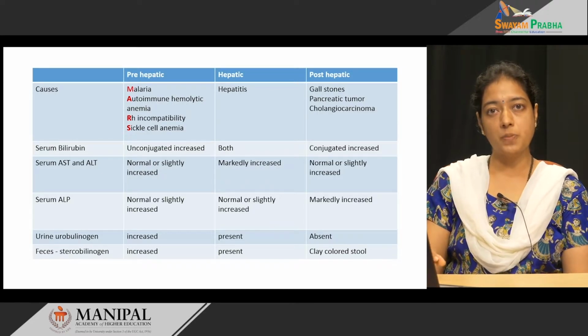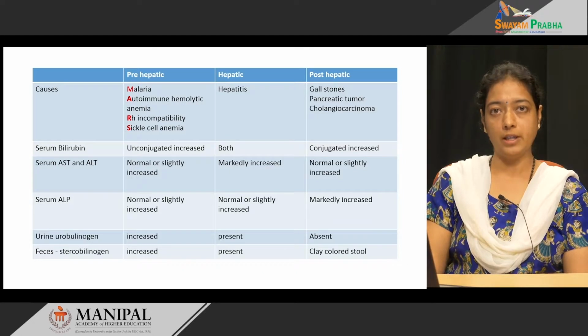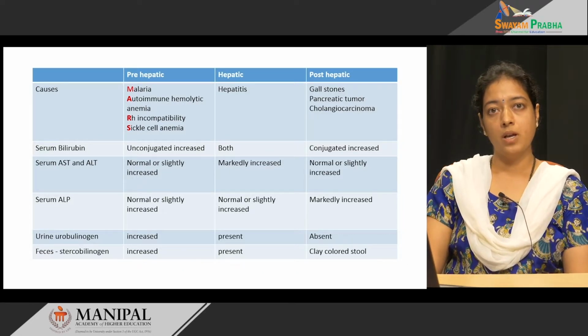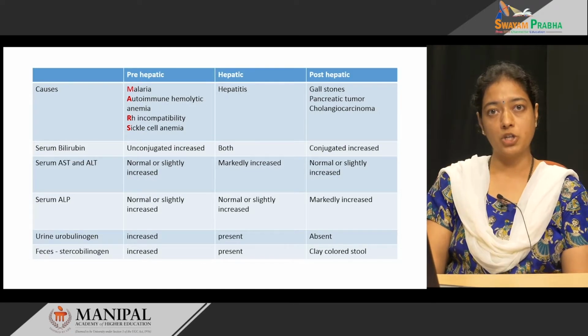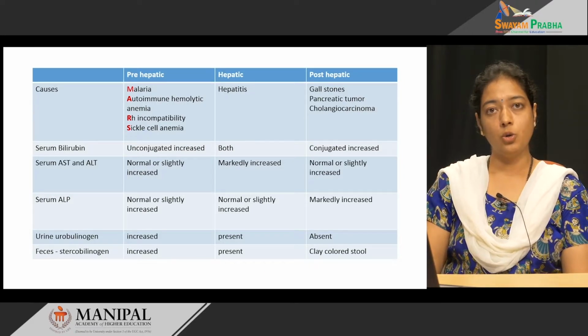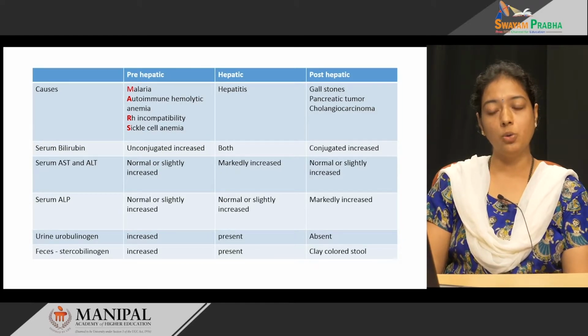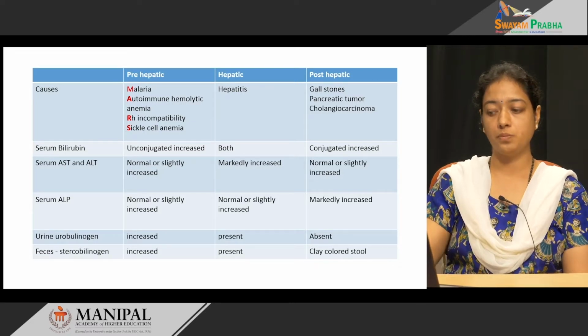The enzyme which is present in the biliary canaliculi, that is ALP, is markedly increased, and since there is an obstruction, bilirubin cannot reach the intestine. Therefore, there is no presence of urobilinogen and stercobilinogen. So, in the urine, urobilinogen is absent, and in the feces, stercobilinogen is absent, leading to clay colored stool.